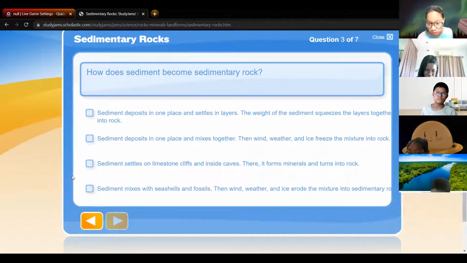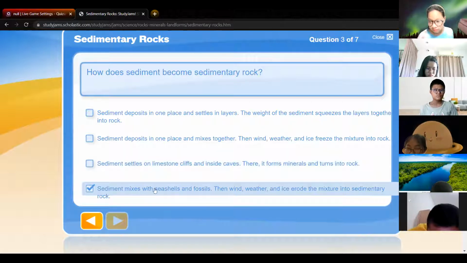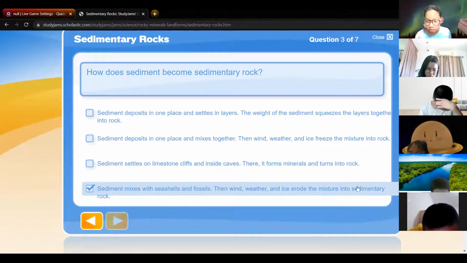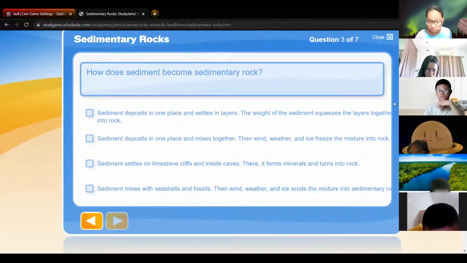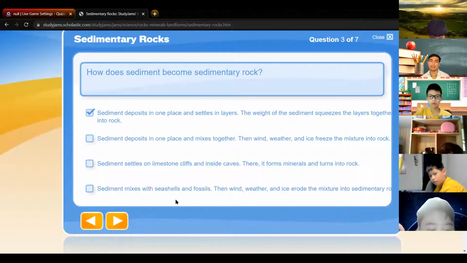Letter C, sediment settles on limestone cliffs inside caves. There it forms mineral and turns into a rock. Or letter D, sediment mixes with seashells and fossils. Then wind, weather, and ice erode the mixture into a sedimentary rock. Apiwit, what's your answer? Sediment deposits in one place and settles in layers. The weight of the sediment squeezes the layers together into rock. Okay, thank you, Apiwit.